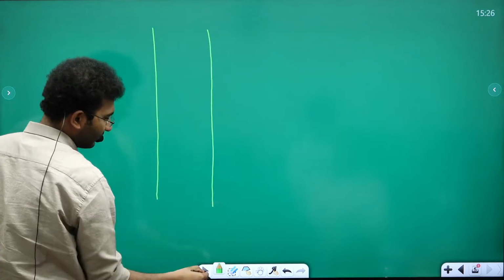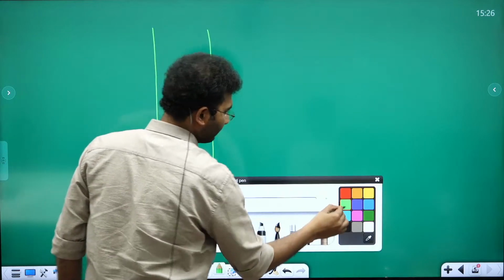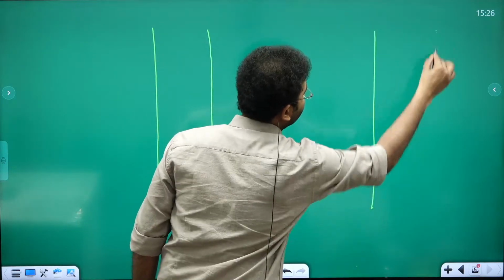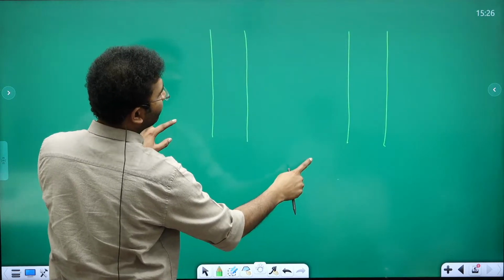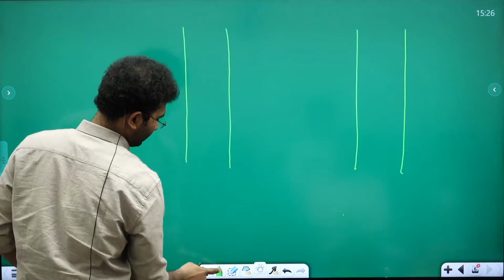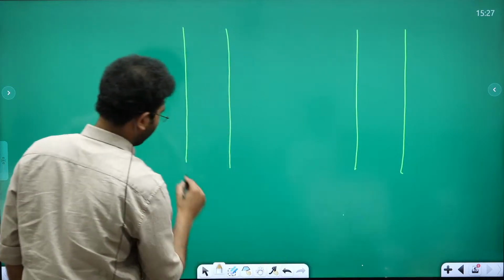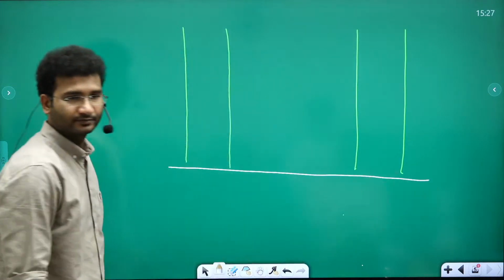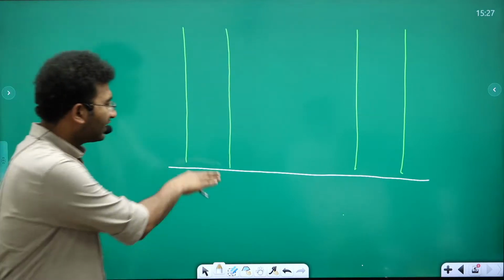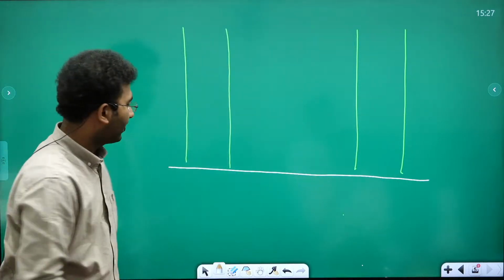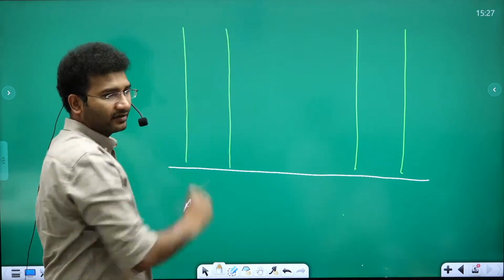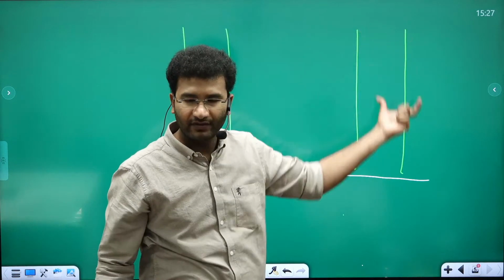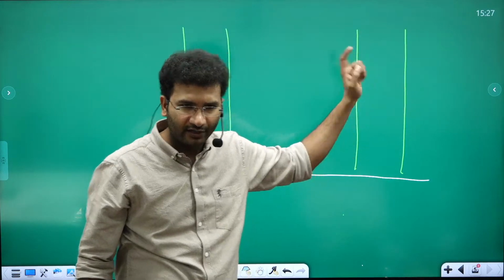This is place A and this is place B, right? And this is the ground, right? And both are at sea level, fine. And in the place A, you have complete air, and in the place B, you have the column of air you have taken. You are trying to understand the difference.